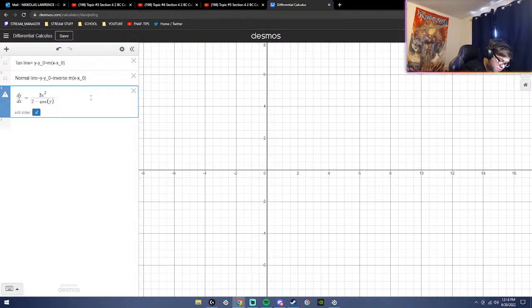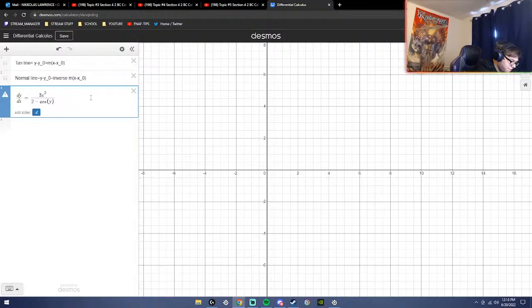And then we do the double derivative, which would be d squared y over dx squared. Quotient rule that. What would it be? One second, I'm going to have to rewrite it over here. 2 minus cosine of y.